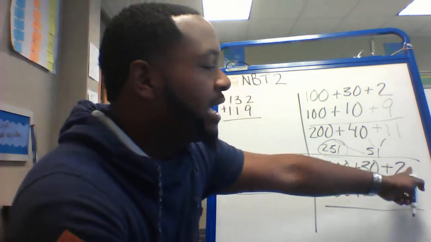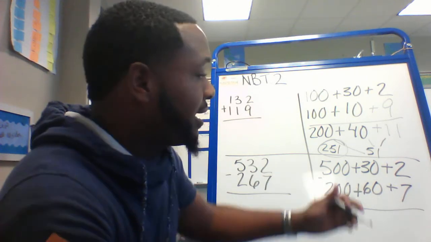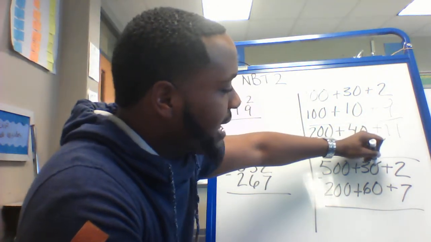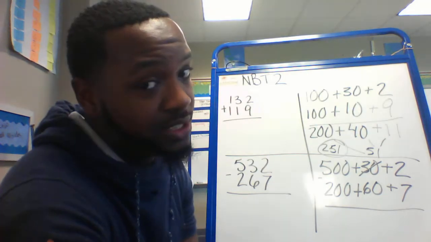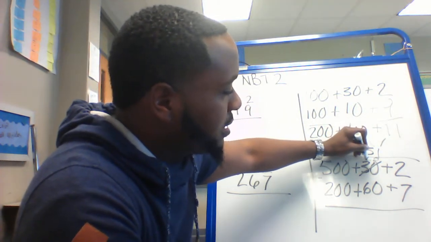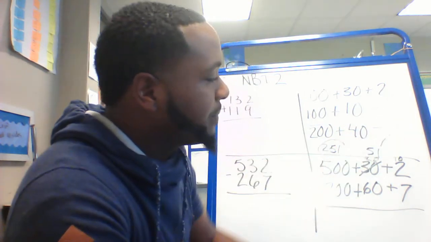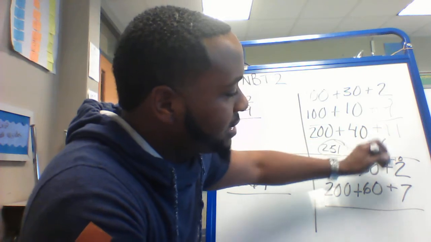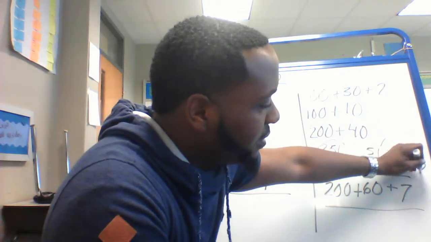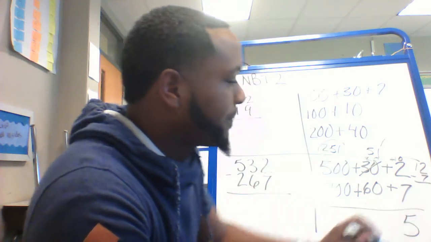Okay, so if I can't do 2 minus 7, I borrow a 10. Okay, so now I subtract 10 from these 3 10s, which is 30, and I have 20. And now there's 12. I want to add 10, so now that's really 12 minus 7, and that equals 5.